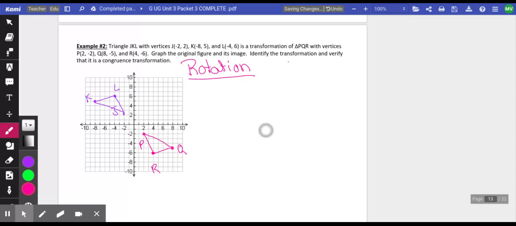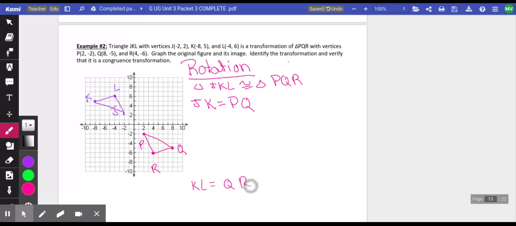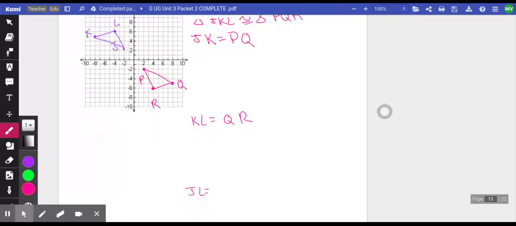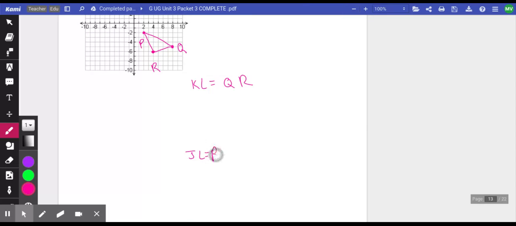So if I want triangle JKL to be congruent to triangle PQR, that means that JK equals PQ, KL equals QR, and JL equals PR. How I can show those are congruent is by using the distance formula.